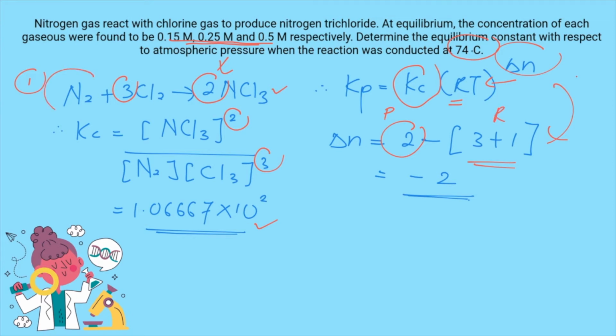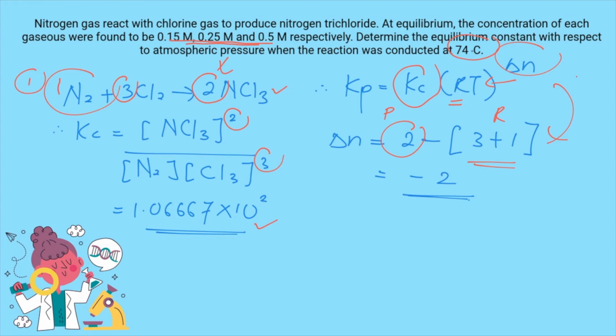Please remember that for N2, the nitrogen gas, because it doesn't have any number in front, it's supposed to be 1, not 0. If 0 times anything will be 0, which means that N is not there. So instead, 0 is equivalent to 1. So your reactant is 3 plus 1, which is equivalent to 4. So 2 minus 4 is equivalent to negative 2.